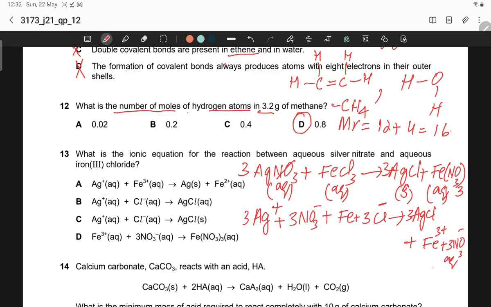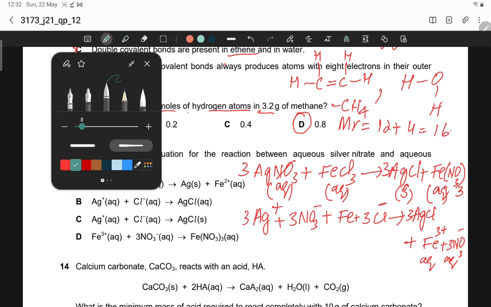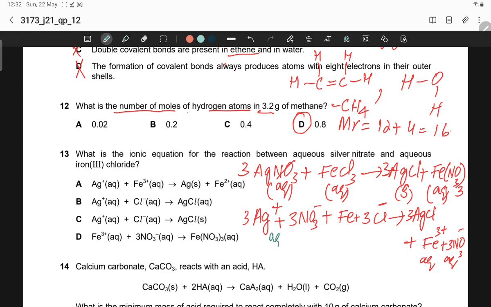The aqueous ions that are the same on both sides are cancelled out, and what remains would be the ionic equation.